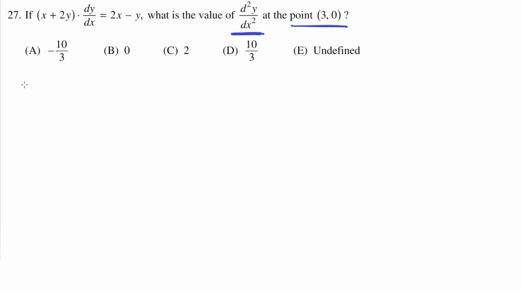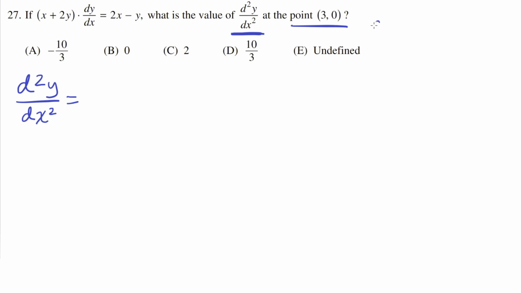So in order to find the second derivative of y with respect to x, what we can do is implicitly differentiate this function here. But before we do that, we can isolate dy/dx by dividing both sides by x + 2y.